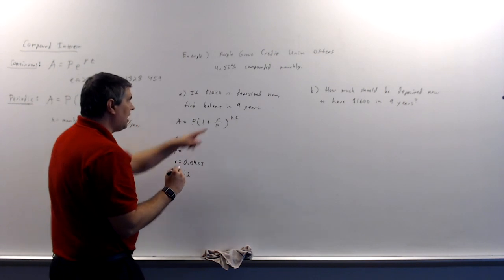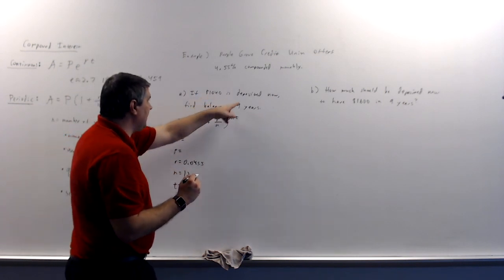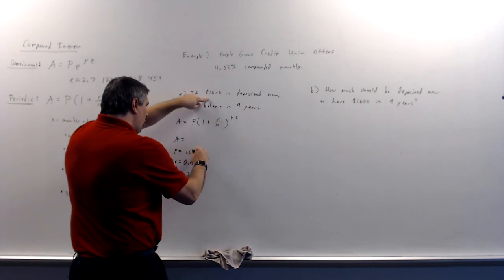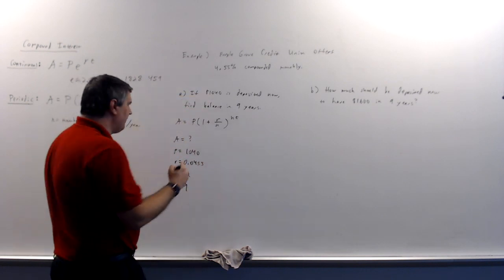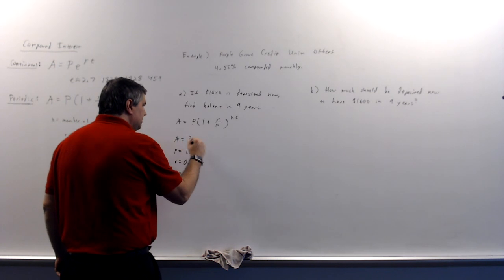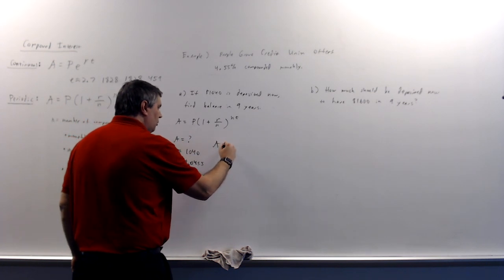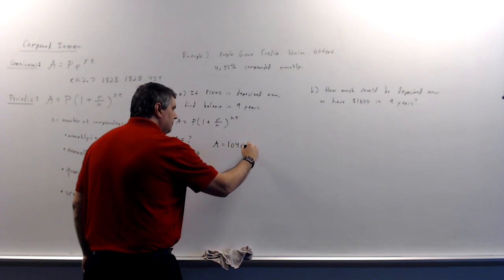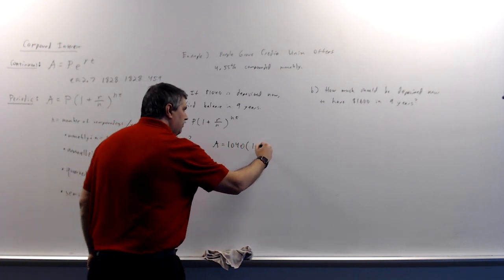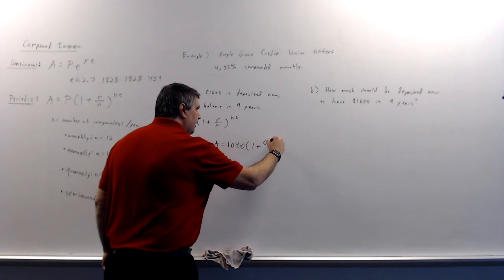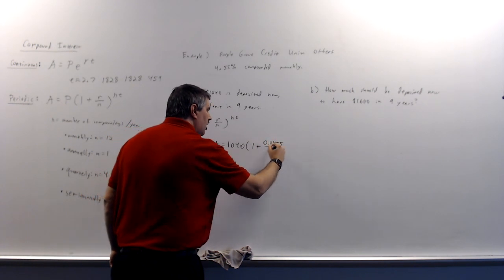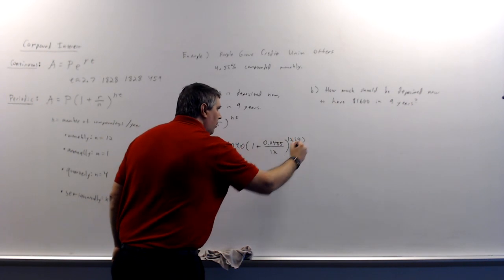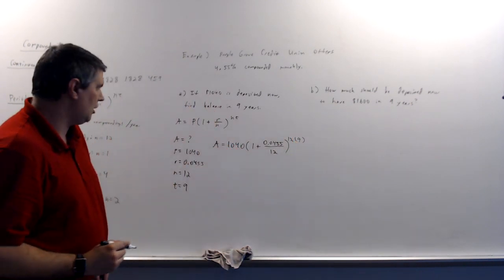Time is 9 years, and we're starting with 1,040. We don't know what the accumulated value will be in 9 years. That's the question. So A equals 1,040 times 1 plus 0.0455 over 12, to the 12 times 9 power.